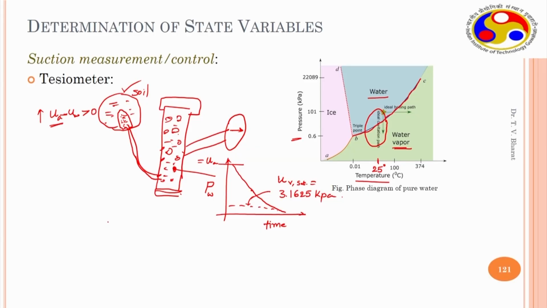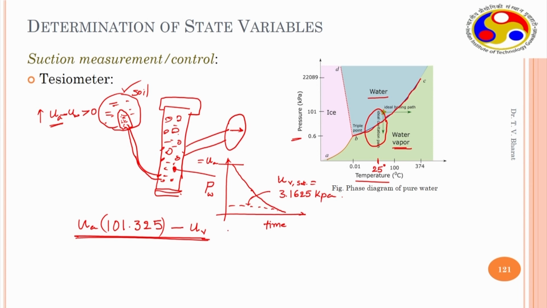If the atmospheric pressure is 101.325 kilopascal and it is decreased continuously to the vapor pressure, this difference between atmospheric pressure ua and vapor pressure controls the maximum measurable suction range.